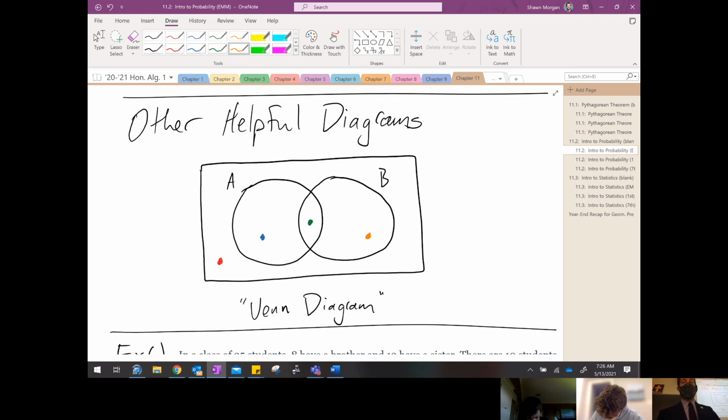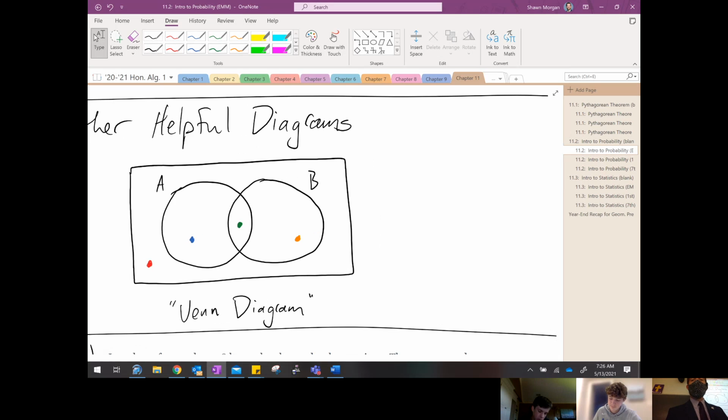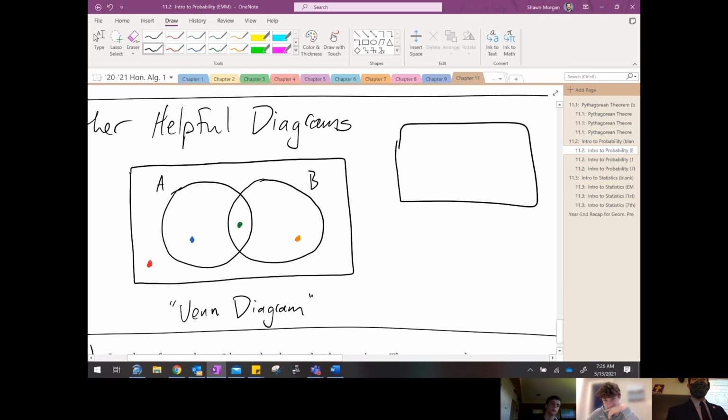There are indeed other types of Venn diagrams you might see. If 2 events are independent or mutually exclusive, they might look like this. Maybe this is the group of students that take algebra, and this is the group of students that take geometry. We don't have any kids that take both, so there wouldn't be any overlap, any intersection.